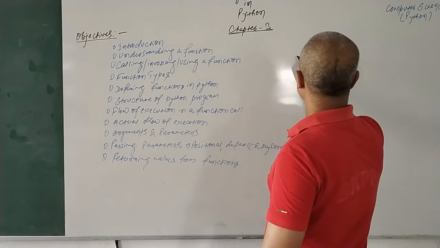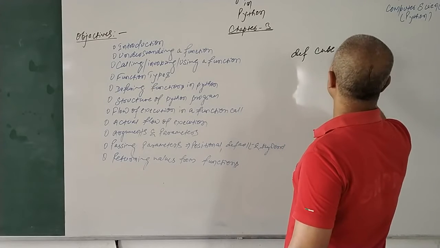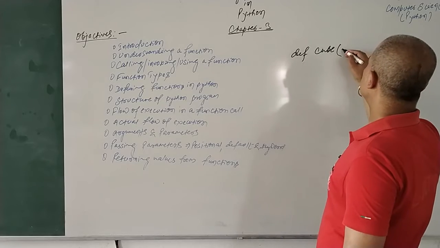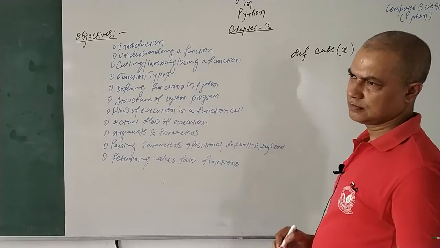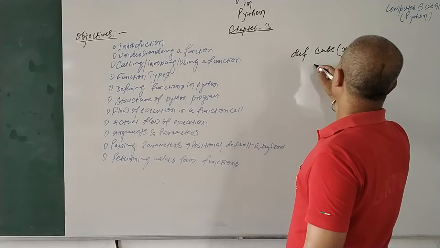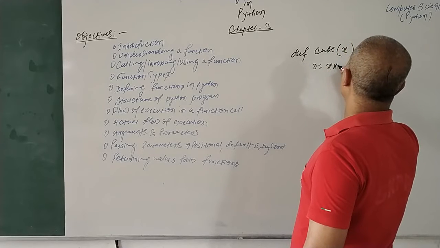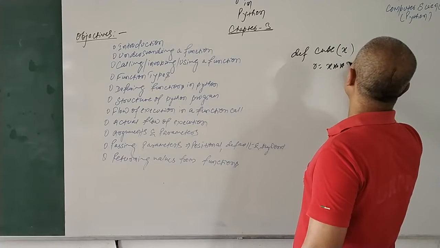Suppose I have written def cube, a function, and inside it there is a parameter x, and then in the body I say r equal to x star star 3.